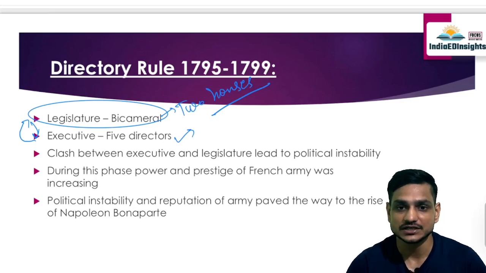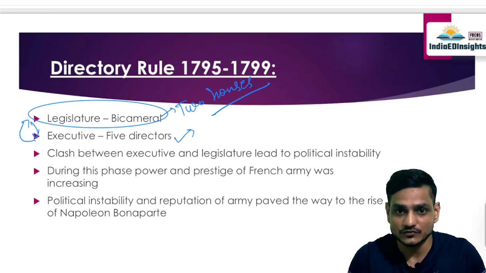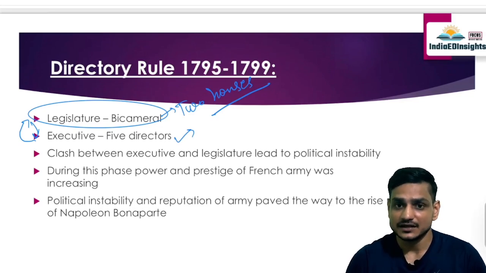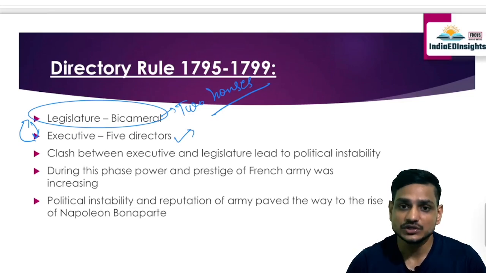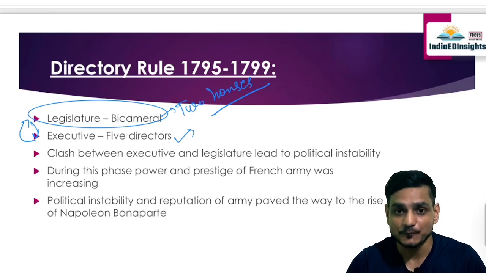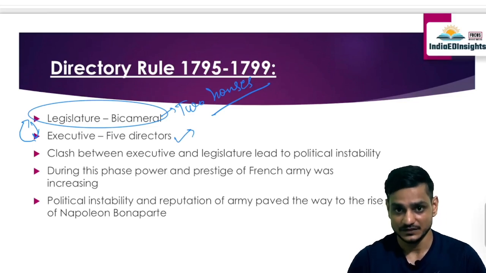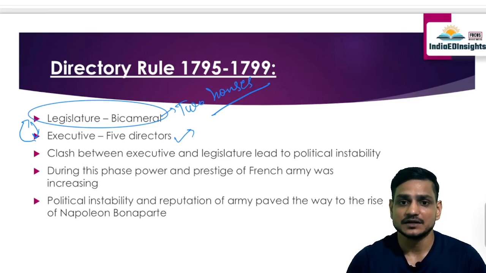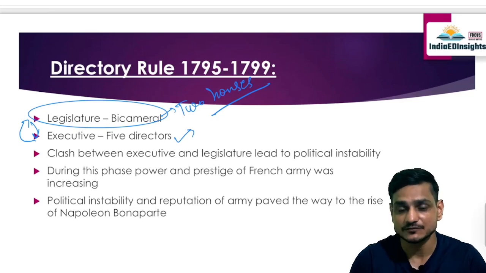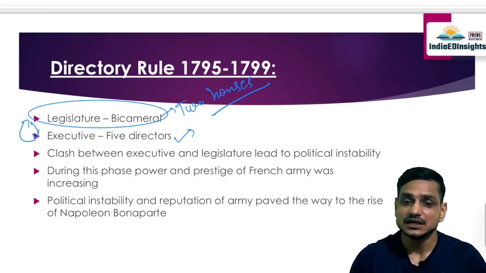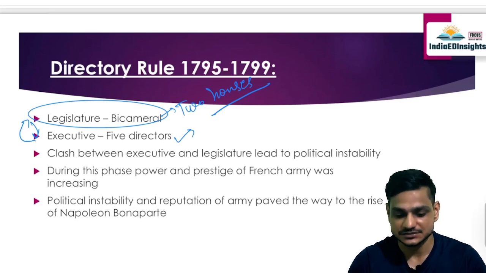During this course, France was at war with Britain, Hungary, Spain, and a lot of neighboring countries, because of that revolution. And during war, military reputation increases in the society. Because of that, the rise of Napoleon Bonaparte begins.